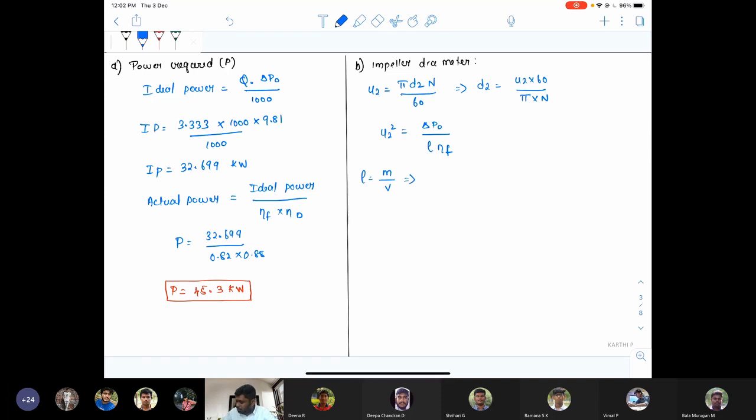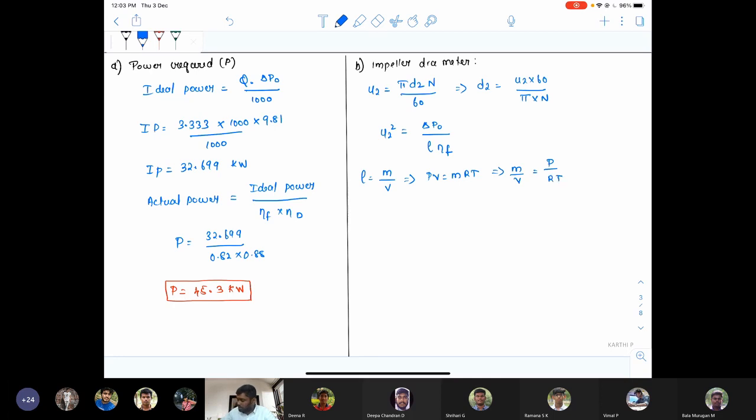From the ideal gas equation, we know that PV is equal to M into RT. We use this equation because we don't know the mass and volume, so we replace them in terms of pressure and temperature at the inlet, which are given. From PV equals MRT, M by V is equal to P divided by RT.